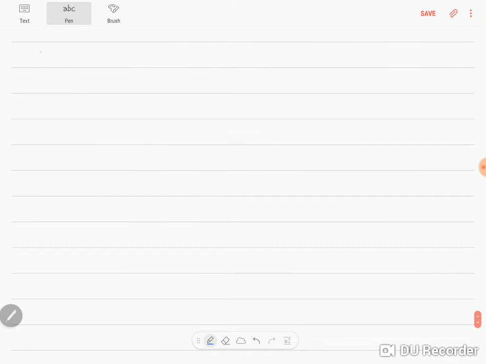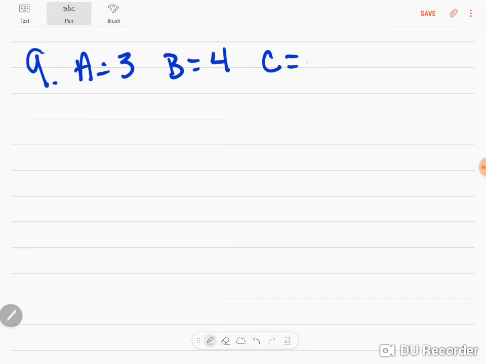Number 9. A is equal to 3, B is equal to 4, C is equal to we don't know. A squared plus B squared is equal to C squared.